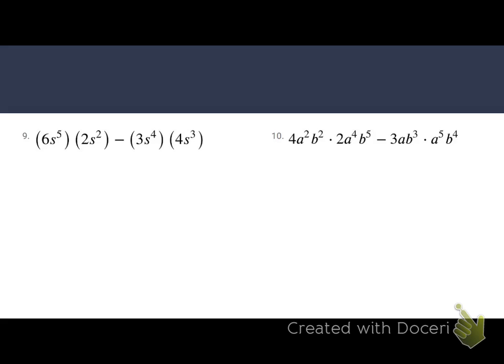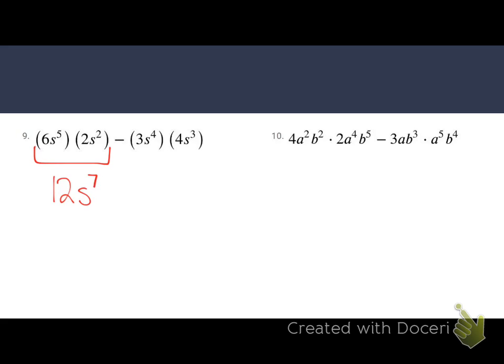I was going to ask, why does it only show this s to the s power, and on yours it says s to the 2nd power? We all get it edited? Okay. If we take 6s to the 5th times 2s squared, what do we get? 12.